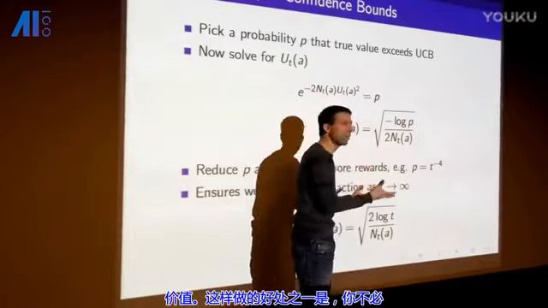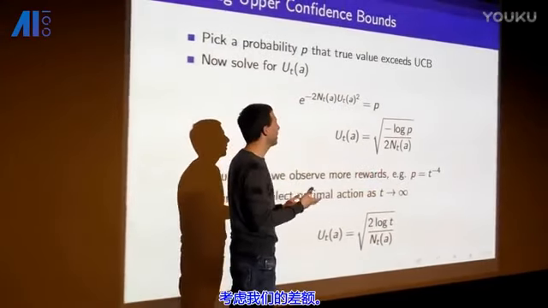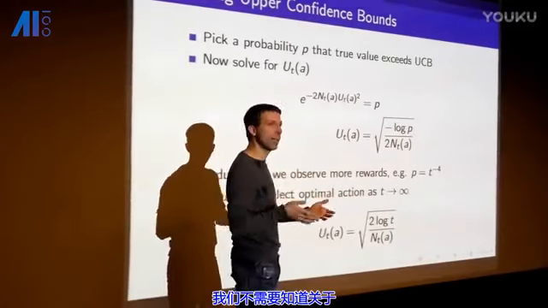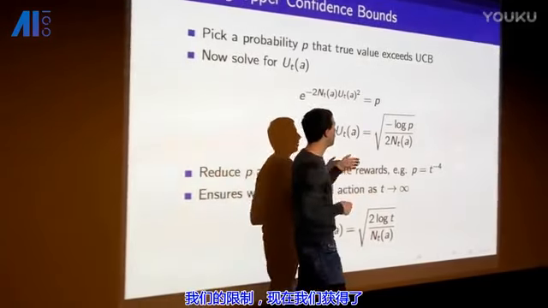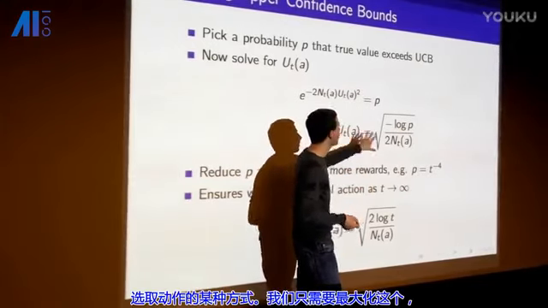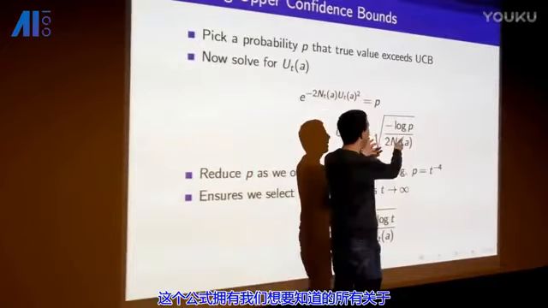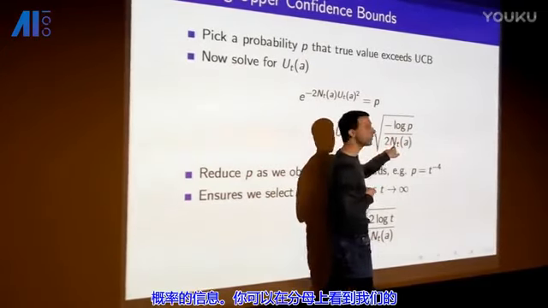It seems rather arbitrary, but what's nice about it is we don't need to know anything about the gaps, or anything about the rewards, except that they're bounded. And now we have a way to pick actions. We just maximize, adding on this term, and this term has all the properties we wanted. You can see in the denominator that the count is there.